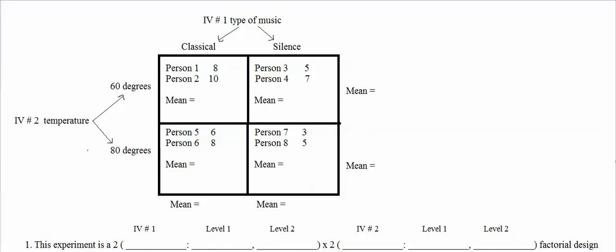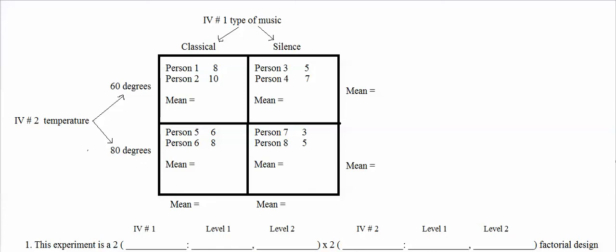The next question asks if there's an interaction. To be able to find out if there's an interaction, you have to look at whether the cell means are parallel or not parallel. If they're parallel, then there's no interaction, but if they're not parallel, then there is an interaction.